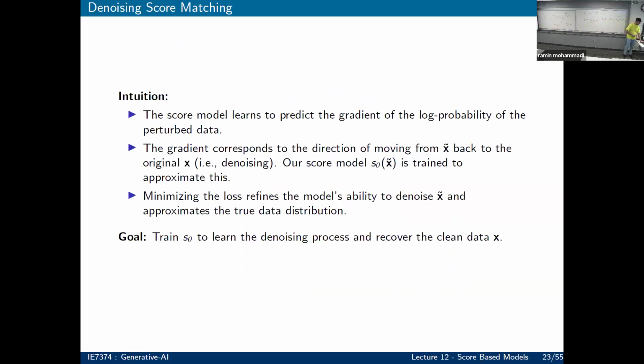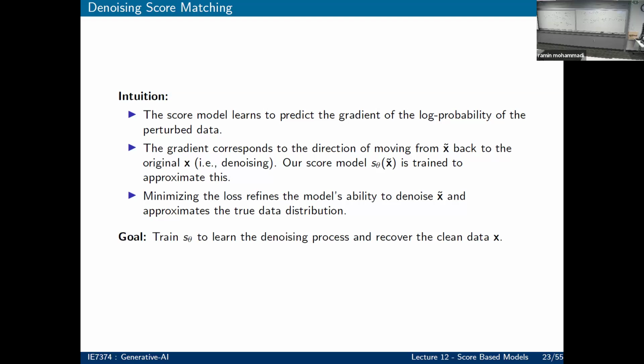Now, summarizing the intuition, the score model learns to predict the gradient of the log density for the perturbed data. The gradient basically tells you how we should go back from noise to real data, how to transform it.